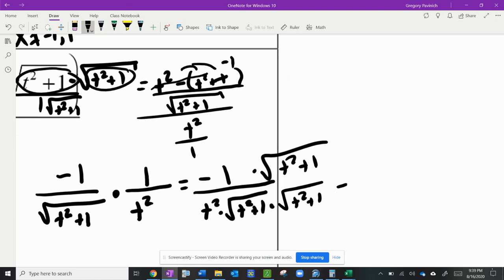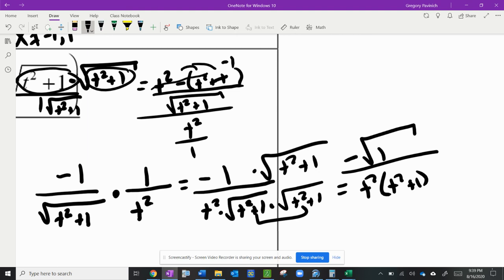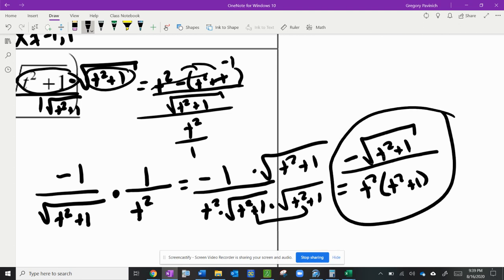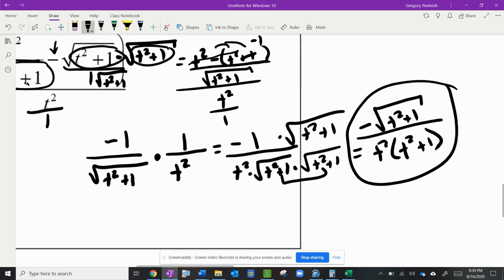So I get t squared times the square root of t squared plus 1 in the denominator, and what am I left with? A negative square root of t squared plus 1 on top. And I'm okay with just leaving it like that. No reason to multiply that out. Of course you can.